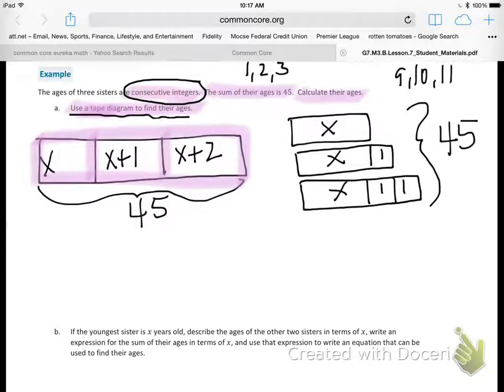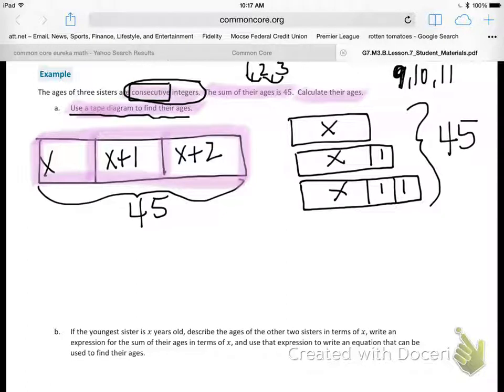All of these are examples of consecutive integers. What differentiates one from the next is adding 1. I add 1 to 1 to get to 2, add 1 to 2 to get to 3. That's that idea of consecutive.